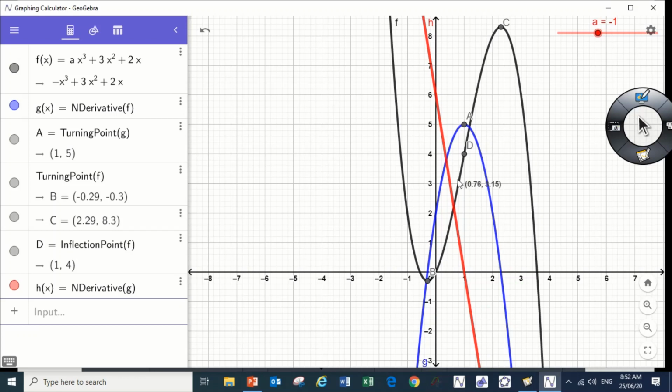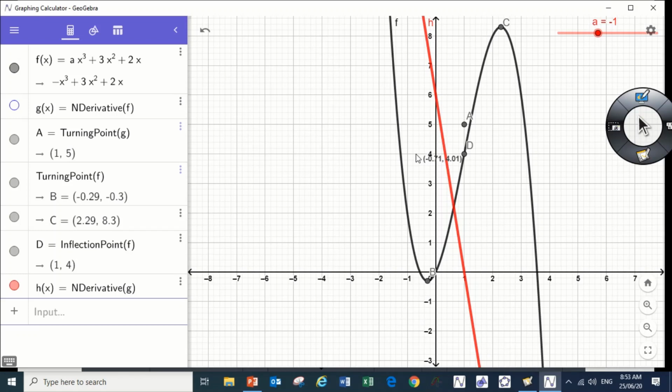Now, do you see that the linear function in the fourth quadrant is what? Positive. I'm talking about the y values. And in the fourth quadrant, the cubic graph, listen carefully, y is negative.